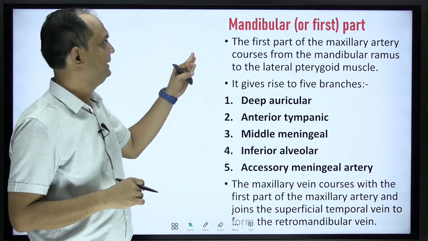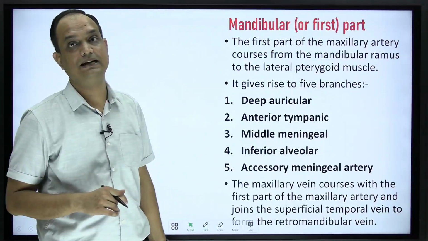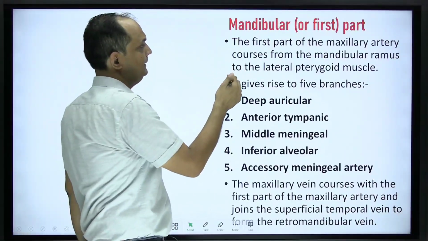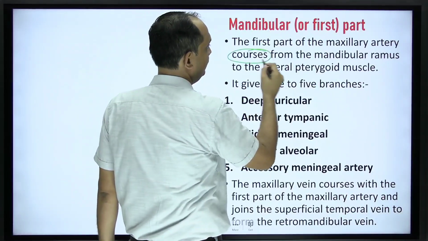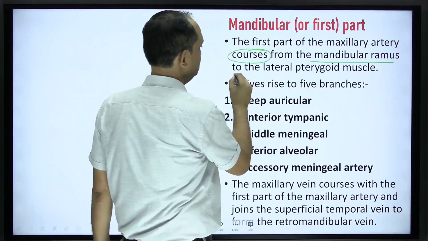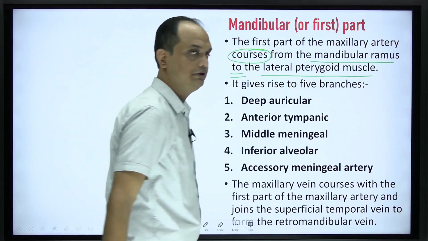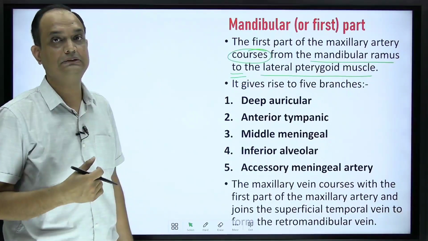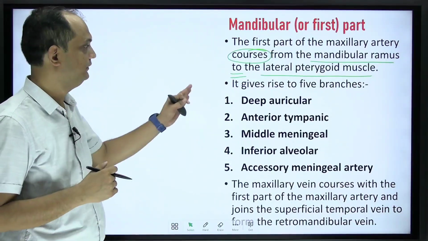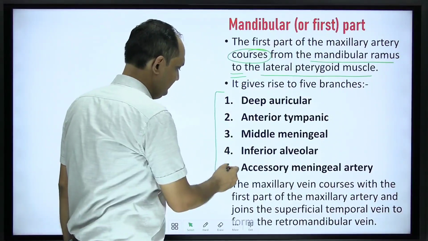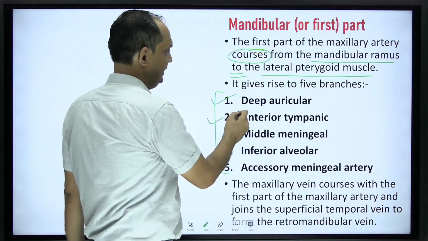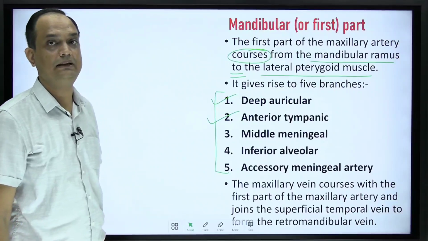So, what are the branches of the first part of the maxillary artery? The first part courses from the mandibular ramus to the lateral pterygoid muscle. As I just told you, before the lateral pterygoid muscle, till its lower border, you have the first part, and these are the 5 named branches: deep auricular and anterior tympanic, which supply the ear.